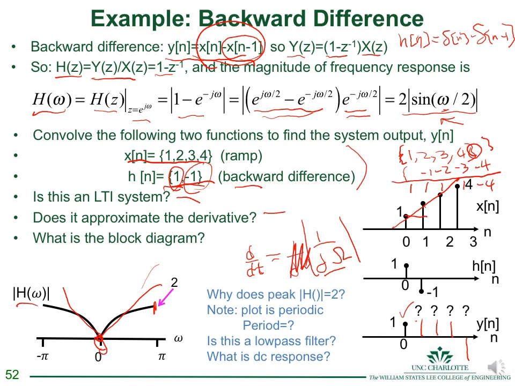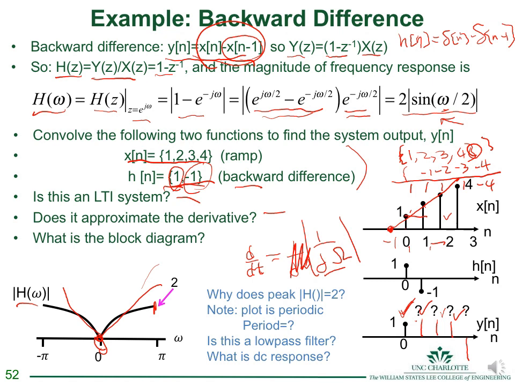Going from n equals minus 1 to 0, I have a difference of 1. Going from 0 to 1, I have a difference of 1 again. And from 1 to 2, a difference of 1 again. And from 2 to 3, a difference of 1 again. And then finally, this last step, I go from 4 down to 0. And so this is my value of minus 4 for this last time point.